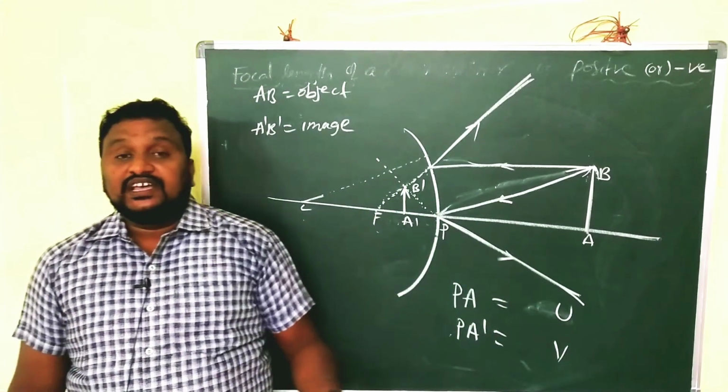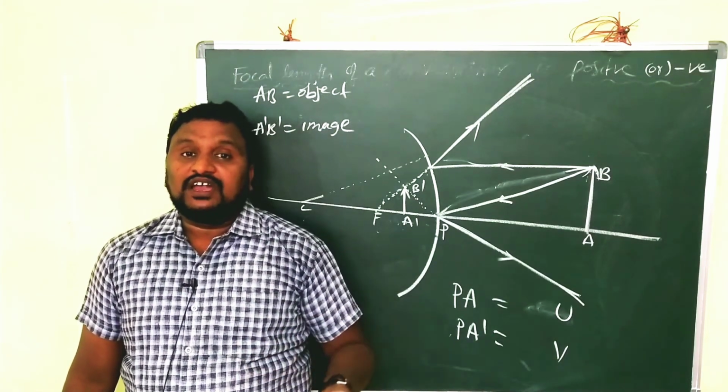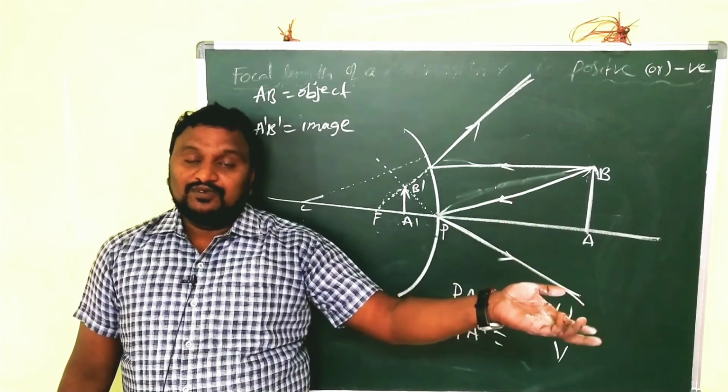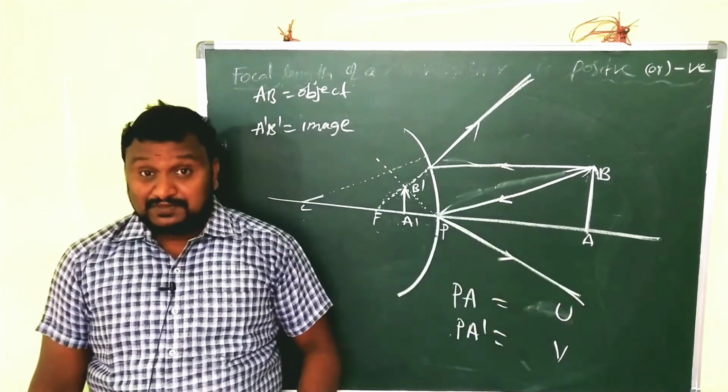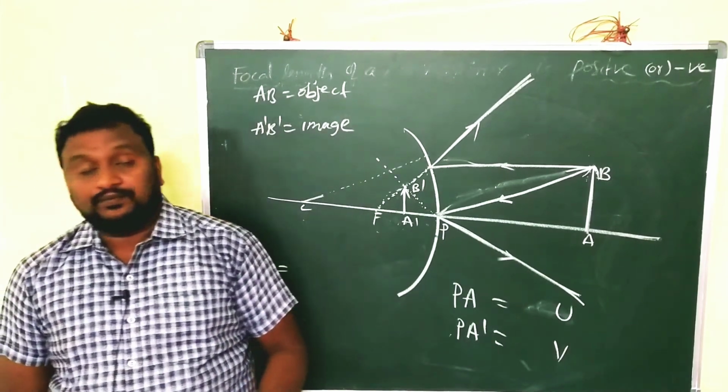Why? Because according to the sign convention rule, distances taken in the direction of incident light are taken as positive, and if taken in the opposite direction, they are taken as negative.